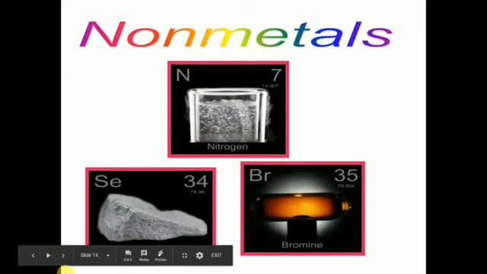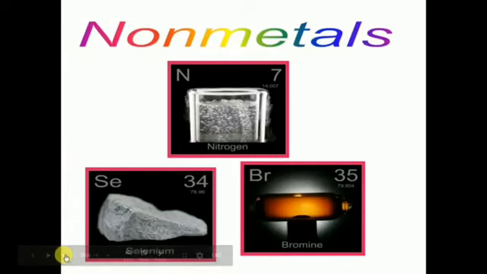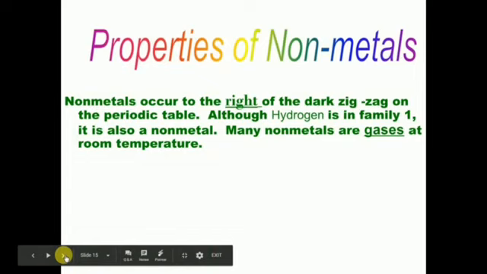Now coming over to nonmetals like nitrogen with symbol N and atomic number 7. Selenium, Se, atomic number 34. Bromine, Br, with atomic number 35. These nonmetals are quite antagonistic in nature with those of metals.